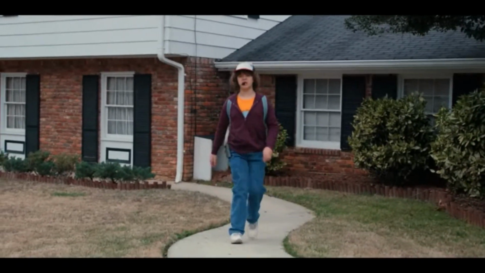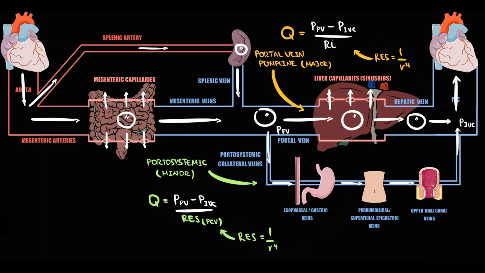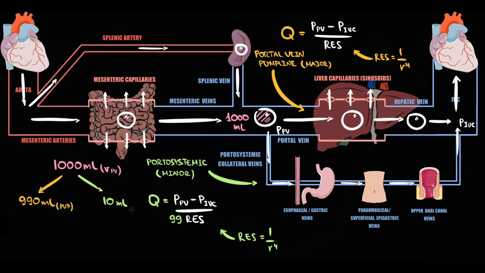Hey, language! For example, let's suppose that resistance in portosystemic collateral vessels is 99 times greater than in the portal vein pipeline. So in this case, from 1000 milliliters of blood that comes to the portal vein, 990 milliliters goes into the portal vein pipeline, and only 10 milliliters goes into the portosystemic collateral vessels.